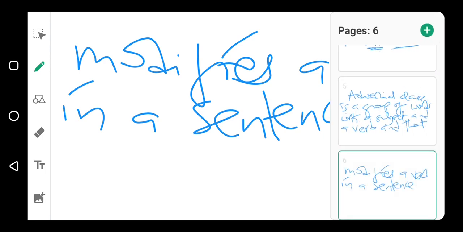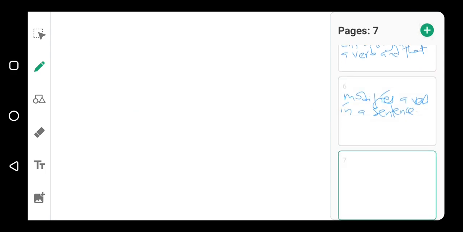So just like we described about adverb, the same function that adverb performs in a sentence is the function that adverbial clause performs in a sentence, only that adverbial clause is a group of words instead of a single word that is modifying a verb. So we are going to identify four types of adverbial clause.